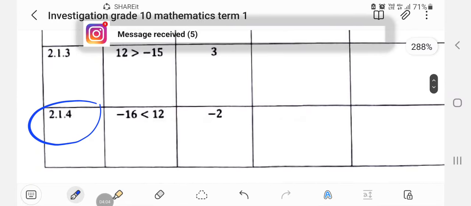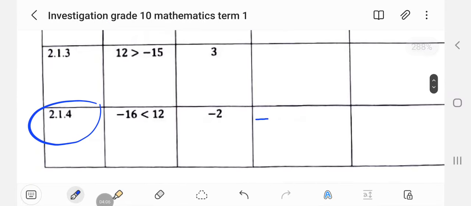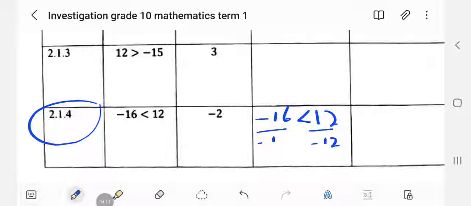Let's go to 2.1.4. Minus 16 is less than 12. So we divide by minus 2.